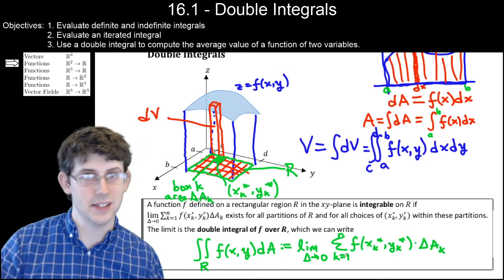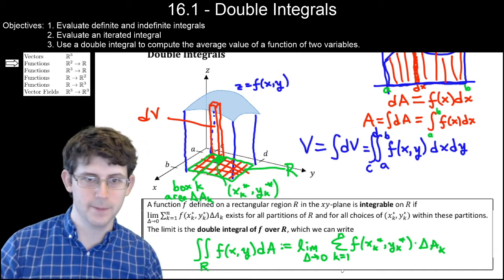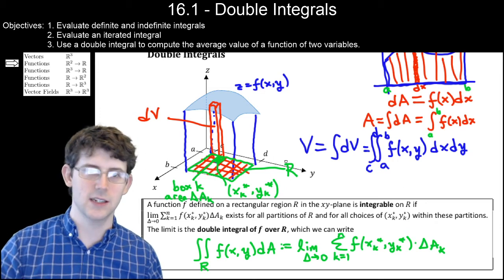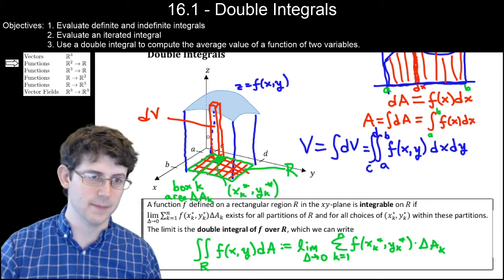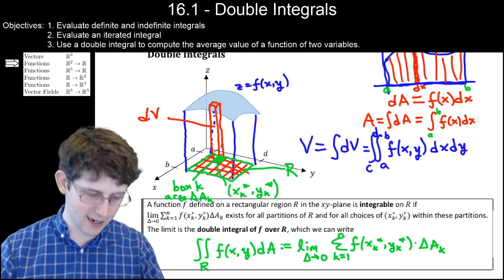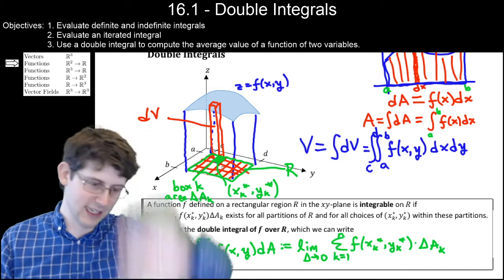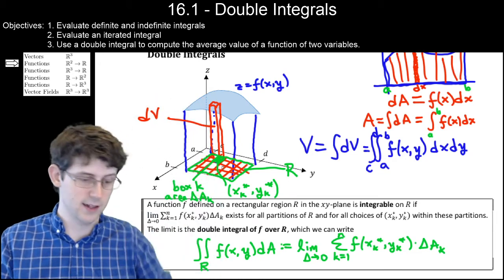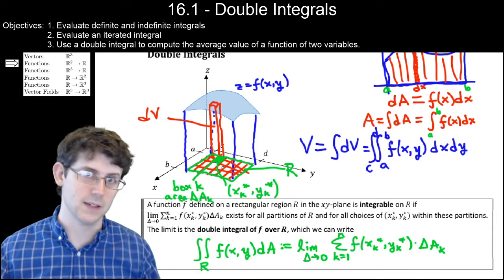Will you ever have to actually use this definition? No. What you will need to use is this idea that the volume comes from adding up lots of little tiny slices, and the slices here are really tall rectangular prisms.